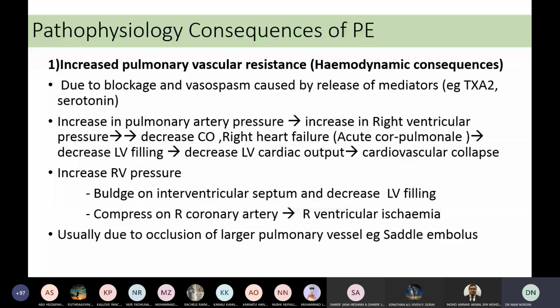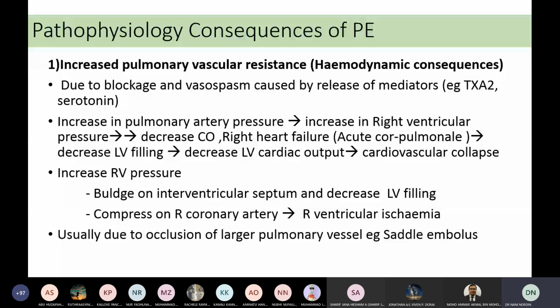So what happens when there's an increase in pulmonary artery pressure? You have to go back to your CVS. Increase in pulmonary pressure, there'll be an increase in right ventricular pressure. With an increase in right ventricular pressure, there will be a decrease in cardiac output.